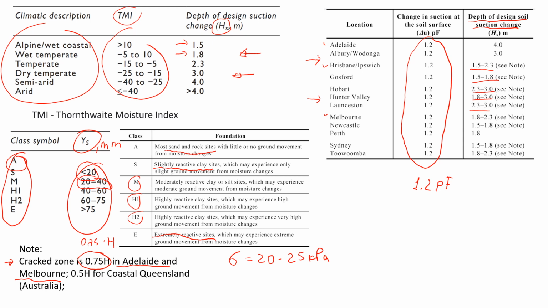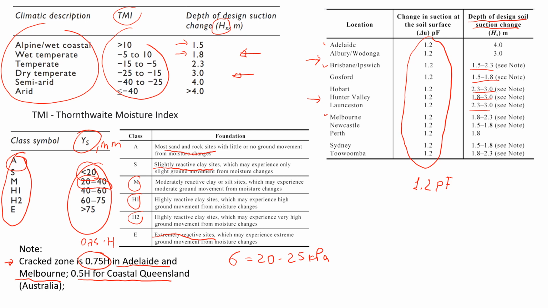And for other parts of coastal Australia, including Queensland, you can use 0.5 H. So this is something if you don't know and you need to do this procedure, then this is the value that you're going to use. If you have something from previous investigation, just use more accurate values.